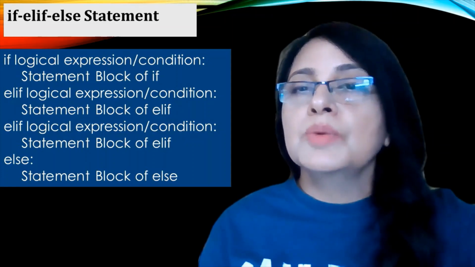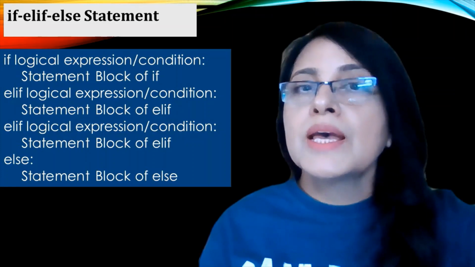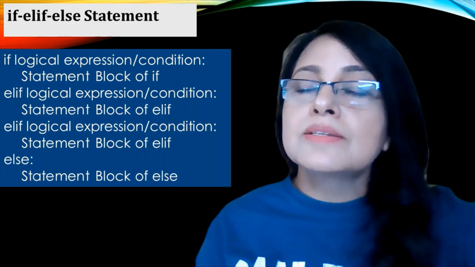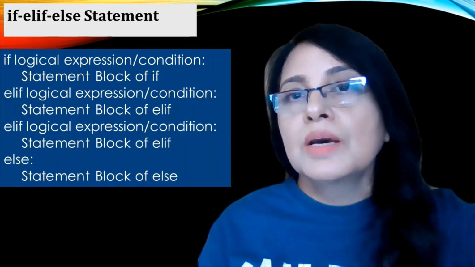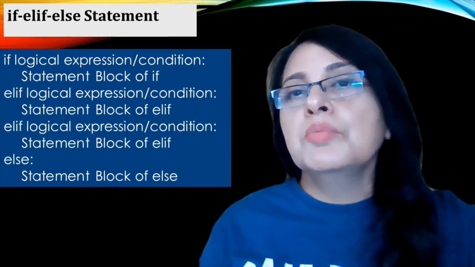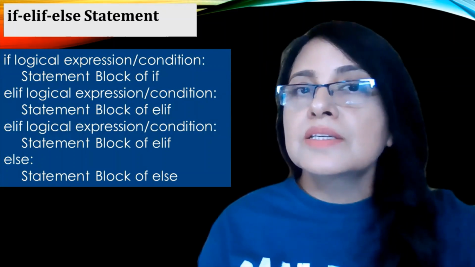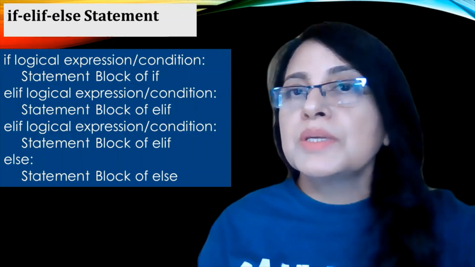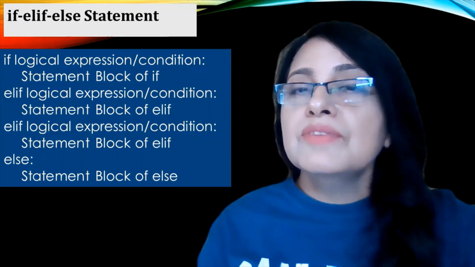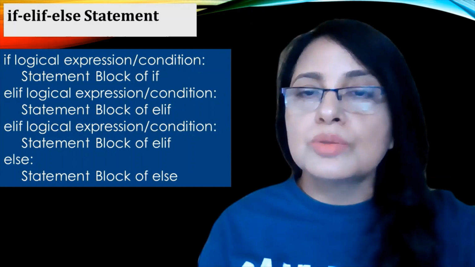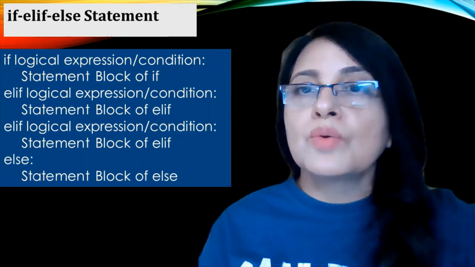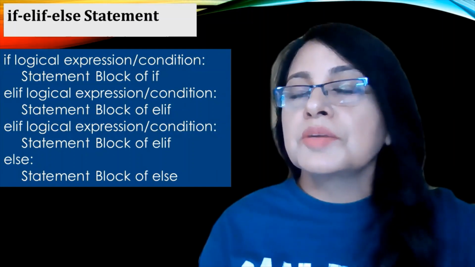Now, this condition will be checked for true or false. And if it is true, then the statement that follows will be executed. Otherwise, it will move out of this block to the next elif. This continues till that statement has been checked. And if none of these statements is true, the else statement will take over and execute a statement block.